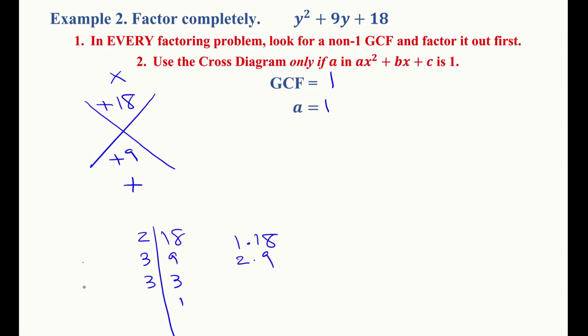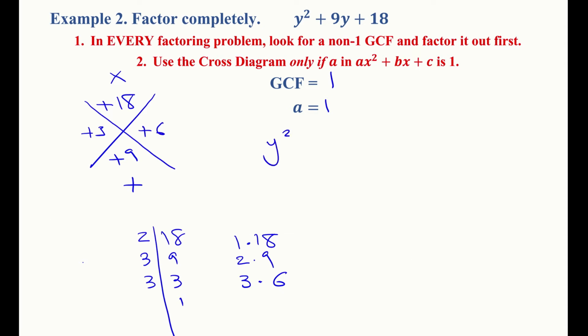Of course, we can have 3 times 6, right? And as we see, the one that's very helpful in this case, the numbers whose product is 18, but whose sum is 9. When you look at these, there's only one pair that seems to make the cut, and that's right here. So we're going to use positive 3 and positive 6.